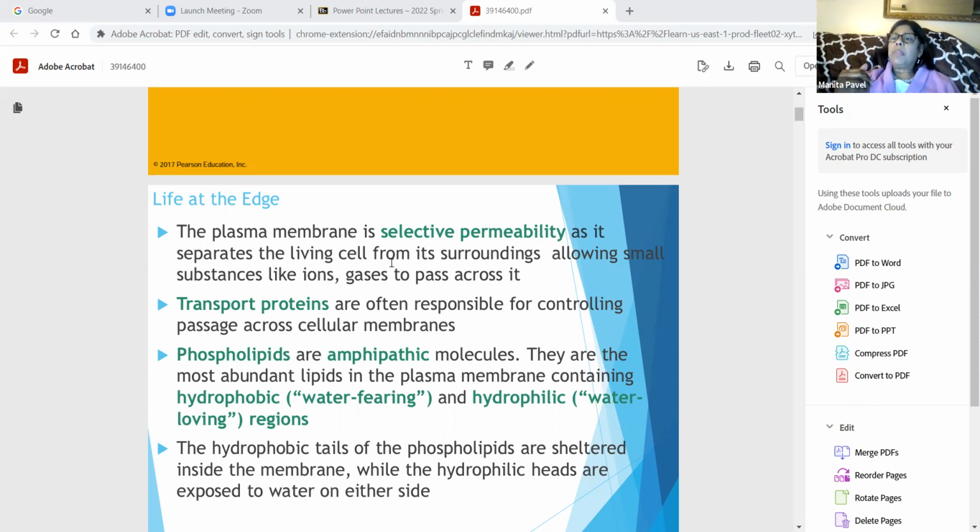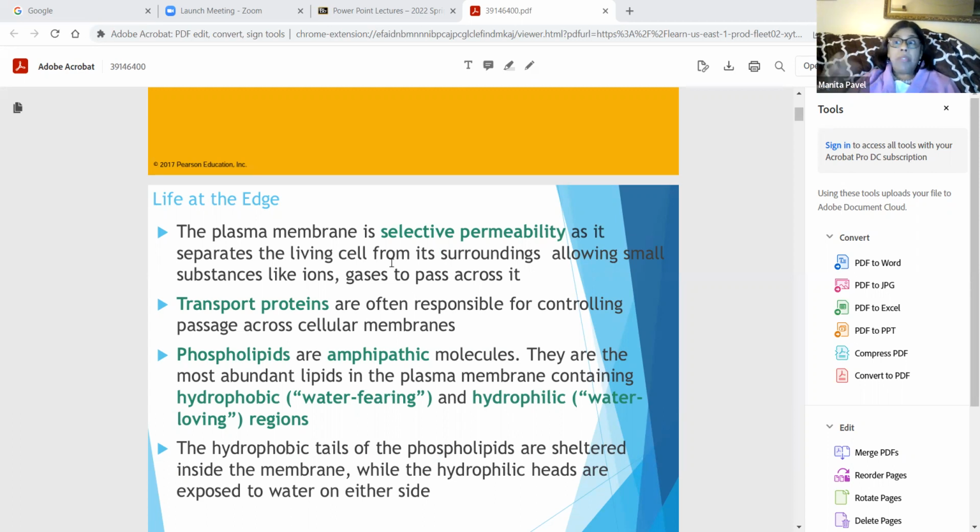Amphipathic molecules are molecules that have both a head and a tail. The phospholipid molecule consists of a water-loving head, termed hydrophilic head, and a water-fearing tail, which is called a hydrophobic tail. And these hydrophobic tails of the phospholipid bilayer are present within the membrane.